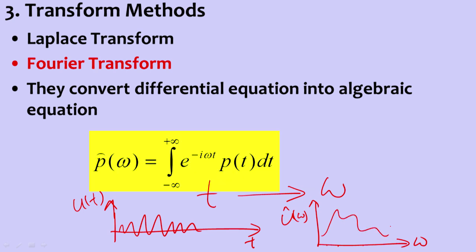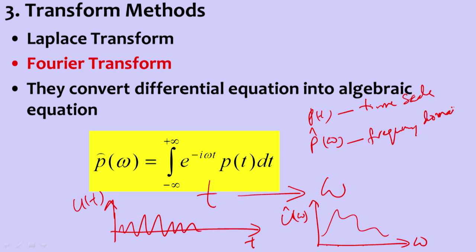This is how we convert. So, P of t is a force which is the signal in time scale, and P cap of omega is the signal in frequency domain.